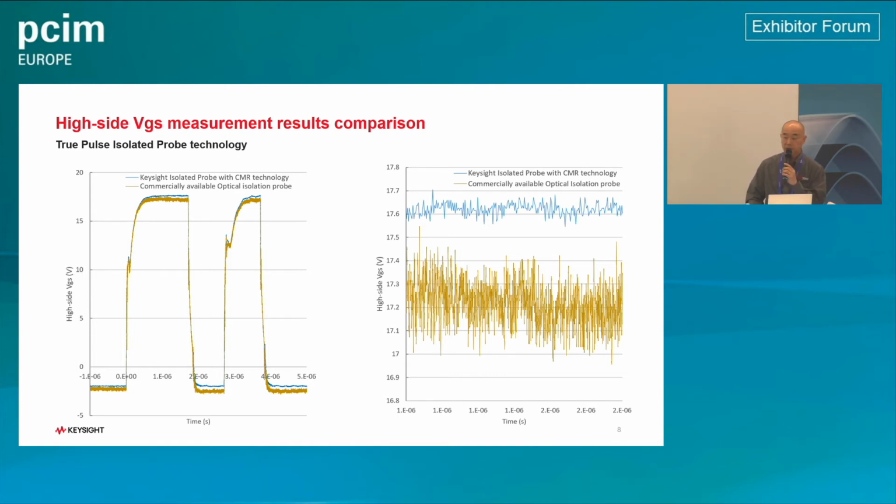And if you look into more detail on the right-hand side of the graph, the noise performance of our new technology is actually superior. So we believe we have the best performance for the high-side VGS testing with our new technology.